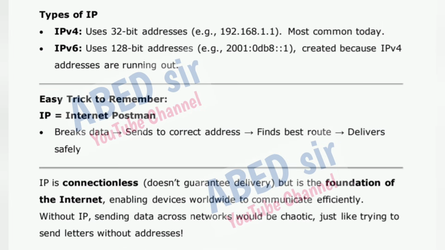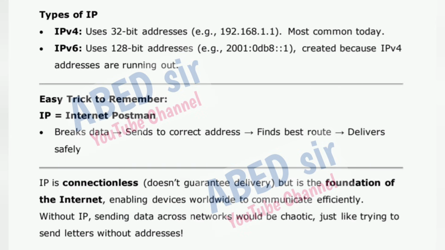Types of IP. IPv4 uses 32-bit addresses, example, 192.168.1.1. Most common today. IPv6 uses 128-bit addresses, example, 2001:0db8:..., created because IPv4 addresses are running out.